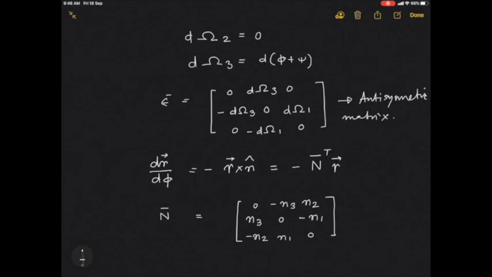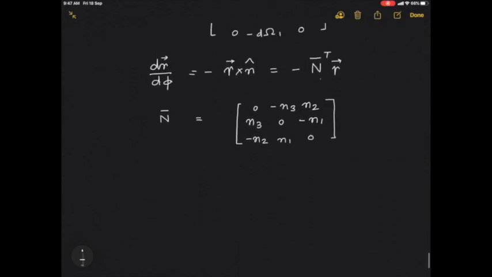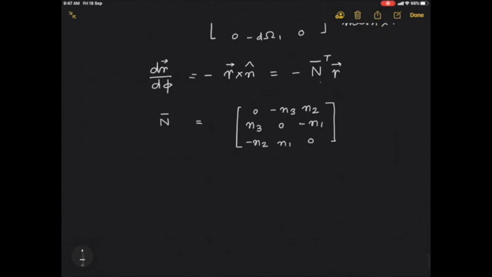What you have to do is just put the transpose of this here, which will just change the minus signs to plus signs and the plus signs to minus signs, and calculate dr by d phi. You will get the exact same thing. Remember that dr is the change in r, so it's r prime minus r for a small rotation.